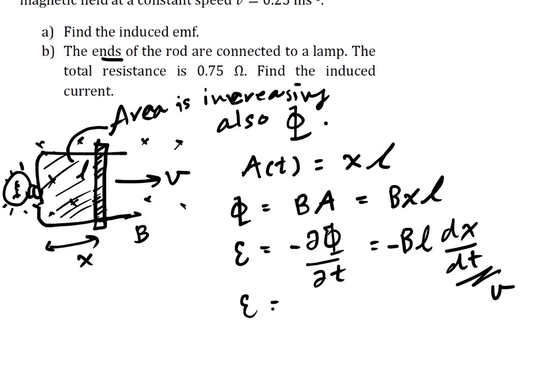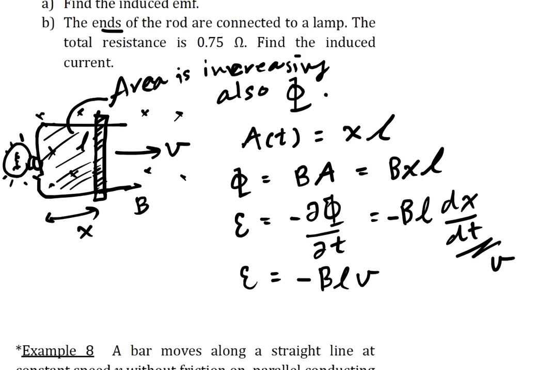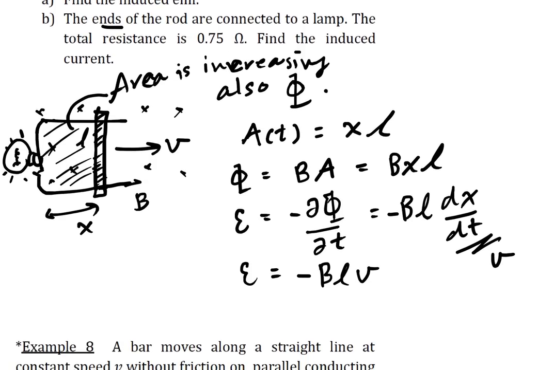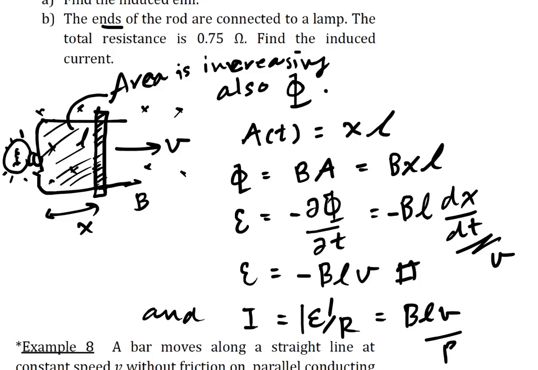So here you can get the magnitude of the EMF as BLv, and the induced current from Ohm's law as BLv over R.